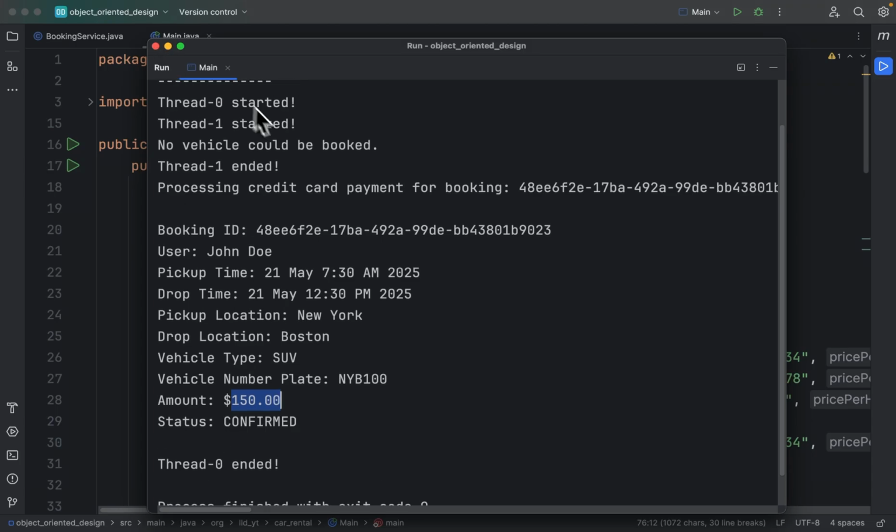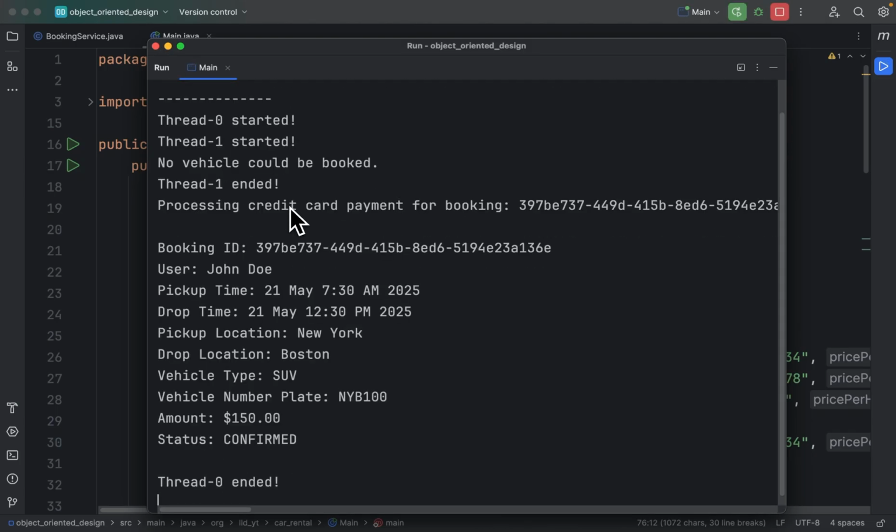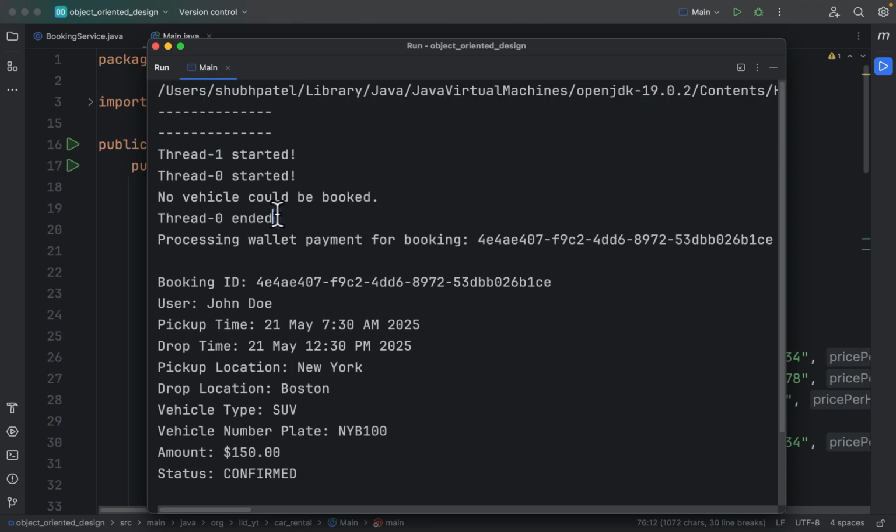Okay, so if I rerun this code again and I keep on rerunning the code, you can see that this time thread 0 failed. Why? Because we are not concerned about which thread will be successful in booking the vehicle. The main thing is if two users are trying to book the vehicle, only one of them should get it.